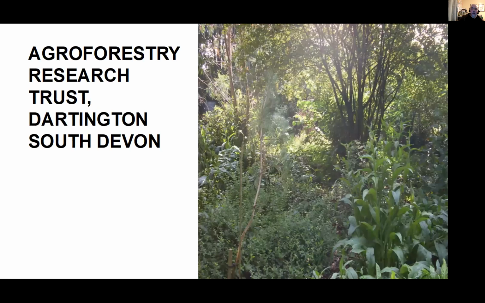I think those original ideas around forest gardening were developed by Martin Crawford, who founded the Agroforestry Research Trust in Dartington, South Devon.